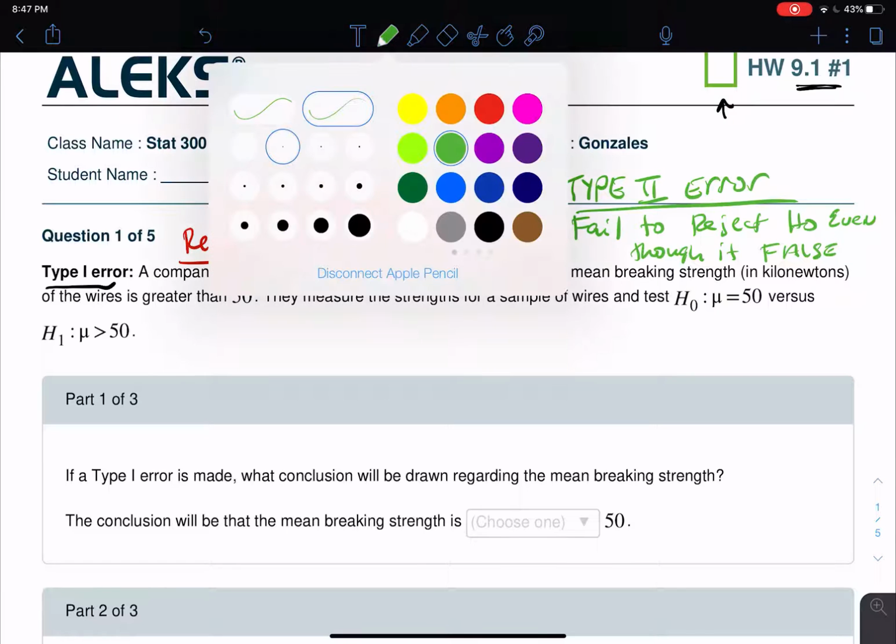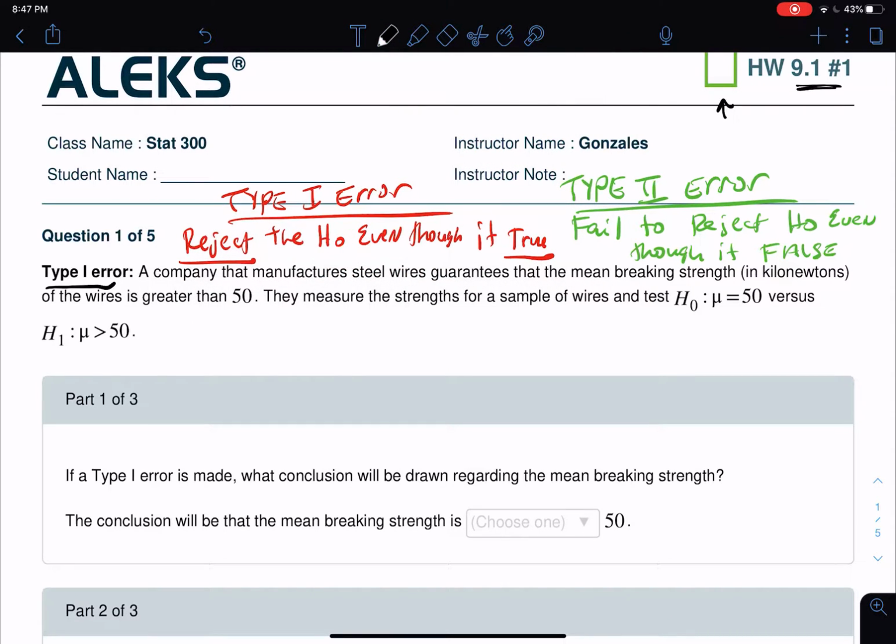So see the difference? They're both an error. Type 1 error, you're rejecting the null when it's true. And type 2 error is you fail to reject. You do not reject H0 when it's false. You let it slip by. You didn't reject it, but it was a false statement. Once again, type 1 error, reject H0 even though it's true. Type 2 error, fail to reject when it's false.